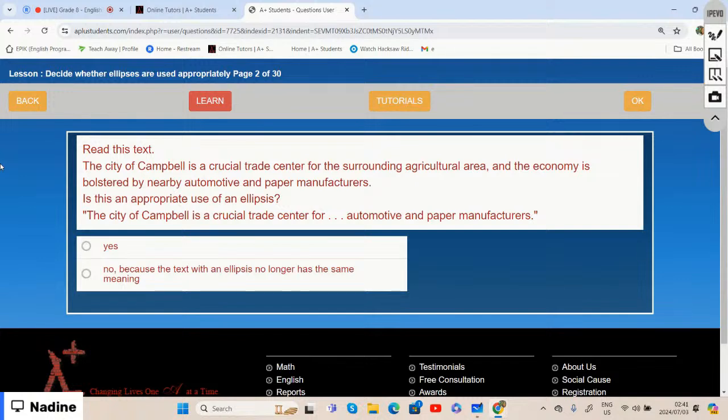The city of Campbell is a crucial trade center for the surrounding agricultural areas, and the economy is bolstered by nearby automotive and paper manufacturers. We need to say if this is an appropriate use of ellipsis, which is, the city of Campbell is a crucial trade center for automotive and paper manufacturers. We need to say if that sentence is grammatically correct.